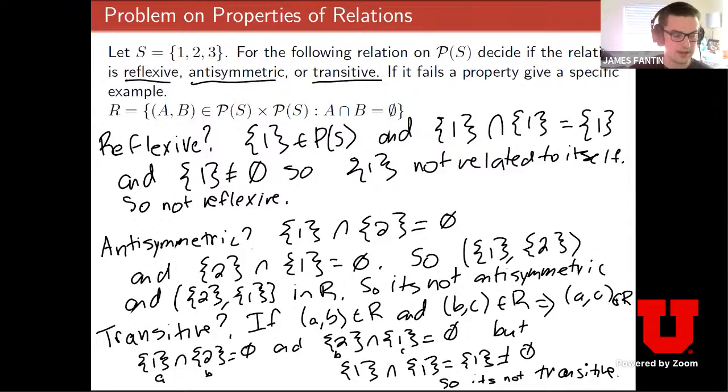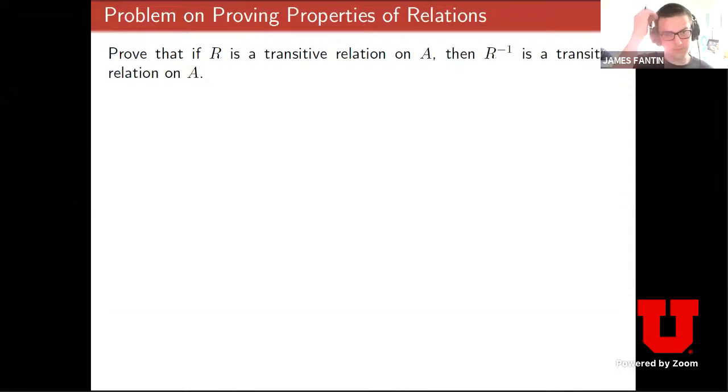Awesome. If there's no other questions, let's move on to this next problem. Here we've got this problem on proving some properties of relations. We're going to prove that if R is a transitive relation on A, then the inverse of R is also a transitive relation.